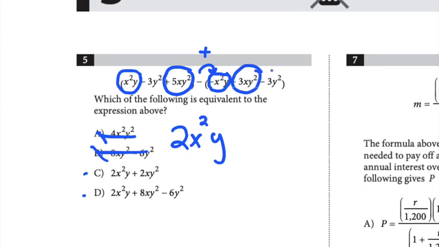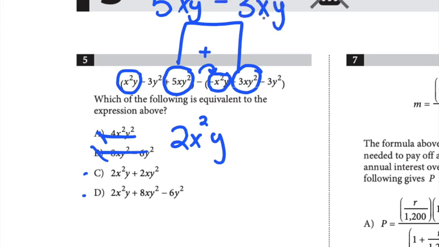I take these two: I have 5xy squared, and then I have this negative, if you remember, minus 3xy squared. And I'm left with positive 2xy squared, and therefore it's not 8xy squared.